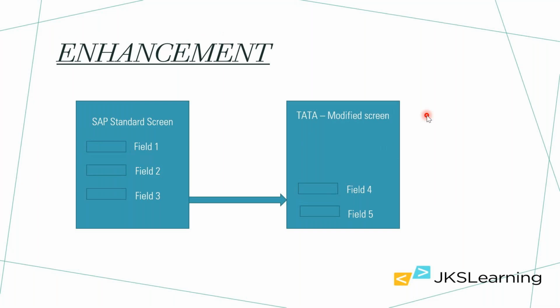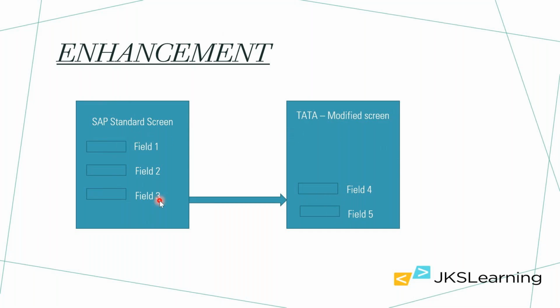That is enhancement. In short, SAP has provided one standard screen. In the standard screen we have three default fields. For example, take a sales order page. In the sales order page, we have a sales document number, a quantity, and a price. This is already provided by SAP. But now I have a Tata customer who wants two more additional fields in the standard screen.